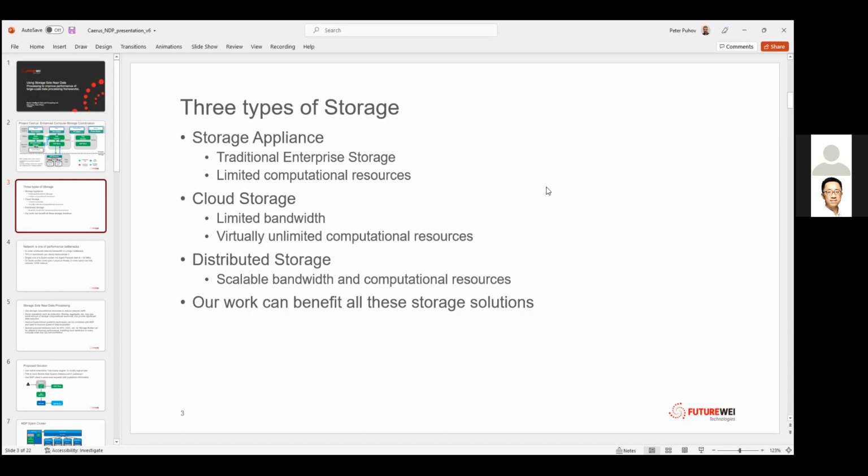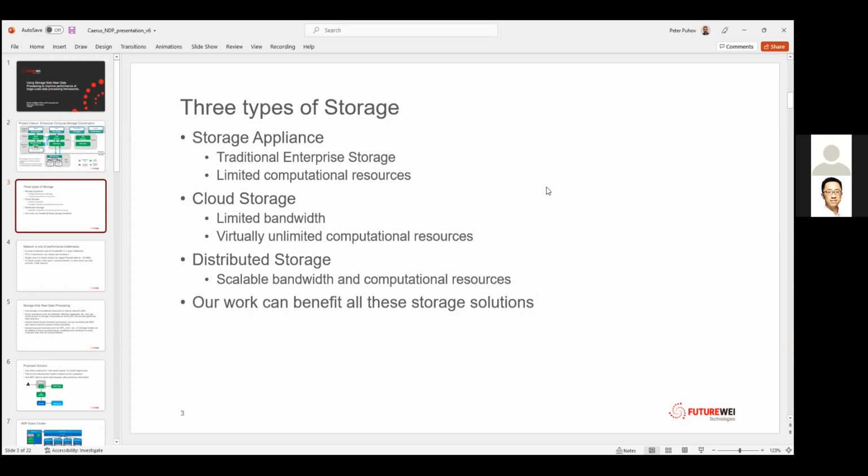And the last one is distributed storage, which consists of many nodes, and you can add more nodes. It tends to have more scalable bandwidth, and it tends to have better scalability in computational resources, because if you run out of computational resources, you can potentially buy yet another storage node.